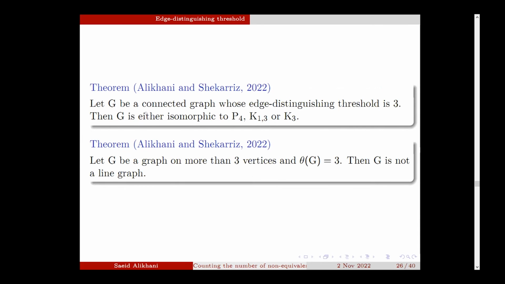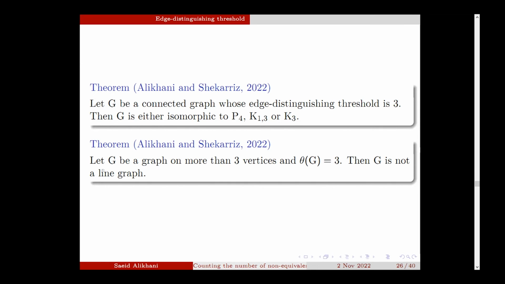And so we have this theorem that if G is a connected graph with theta prime of G equal to 3, then G is P4, K1,3, or K3. Okay, so this is a necessary condition for a graph to have edge distinguishing threshold equal to 3.